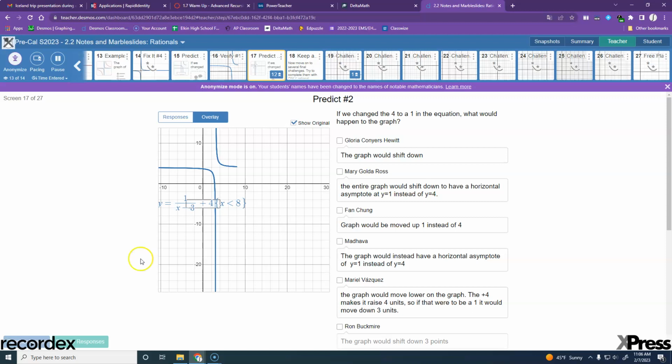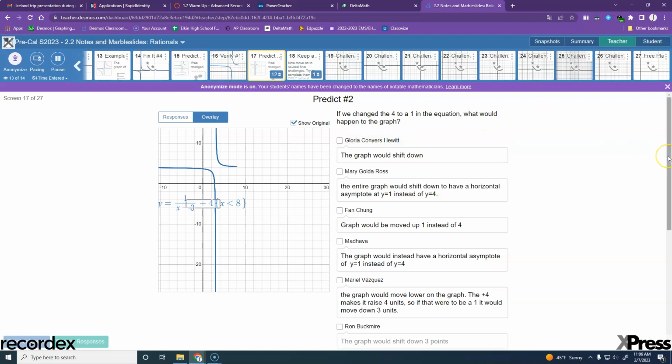So Gloria says the graph would shift down. Do you guys agree? So where it's at right now, if we change that 4 to a 1, the graph goes down, right? Gloria is not being very specific here, and don't change your answers right now, because I want to talk about all of them, because sometimes the wrong answers help us learn more than the right answers, if there is a wrong answer.